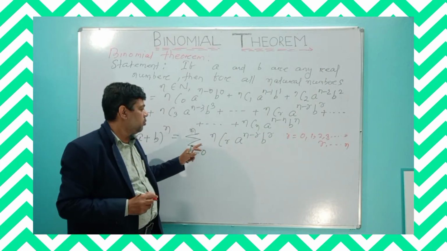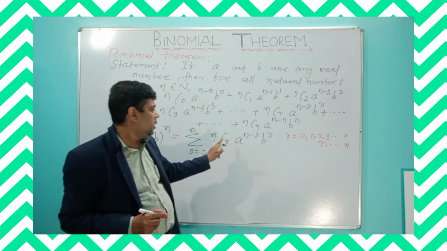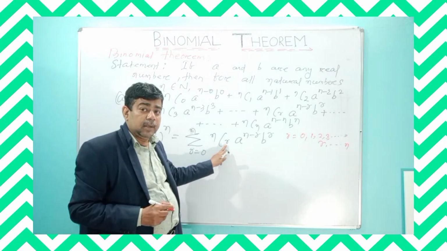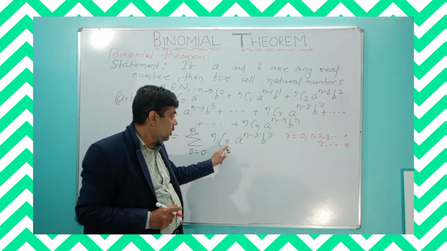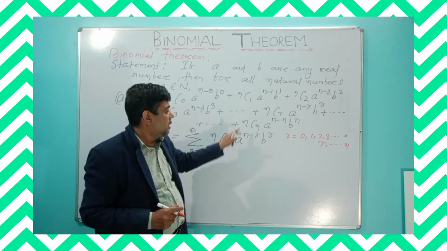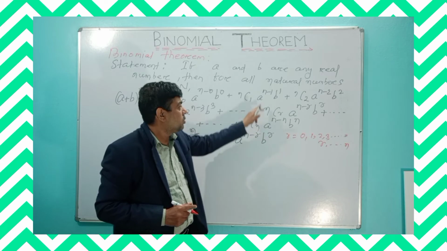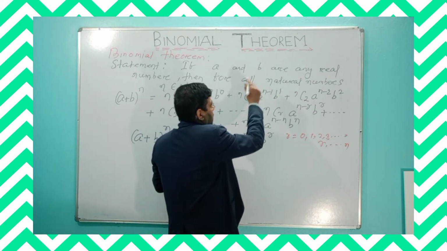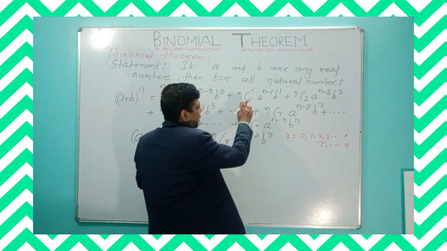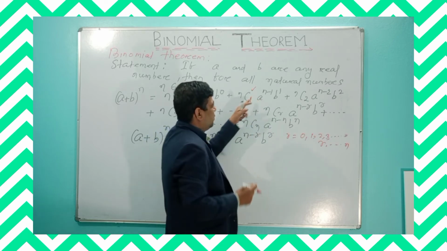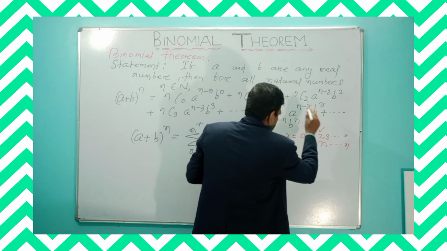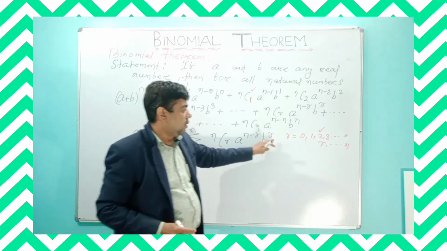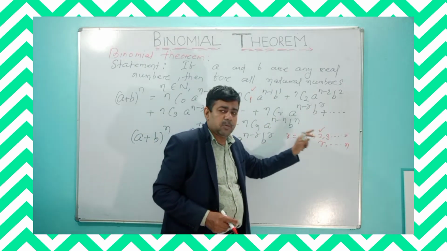When the value of r is 1, in place of r we have to write 1: nC1, a to the power n minus 1, b to the power 1. After r equals 1, the value of r is 2.